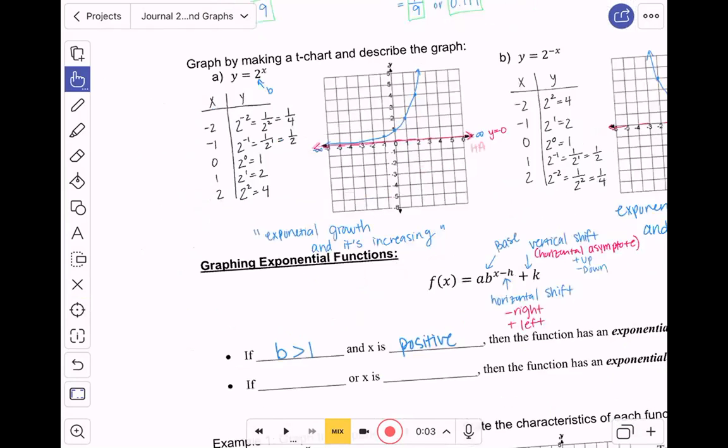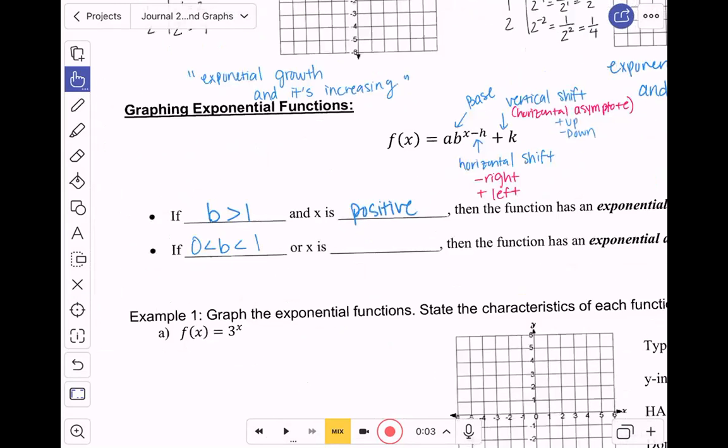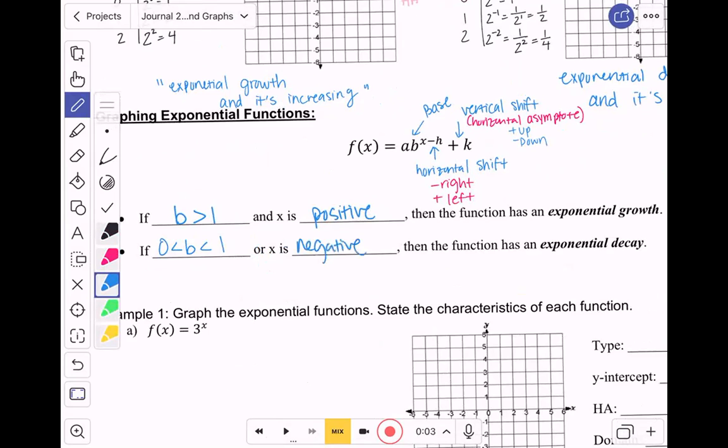But if b is not bigger than 1, maybe it's a number between 0 and 1, so it's a fraction or a decimal, then this might cause your graph to be an exponential decay. If your exponent x is negative, then this would also cause it to have an exponential decay.